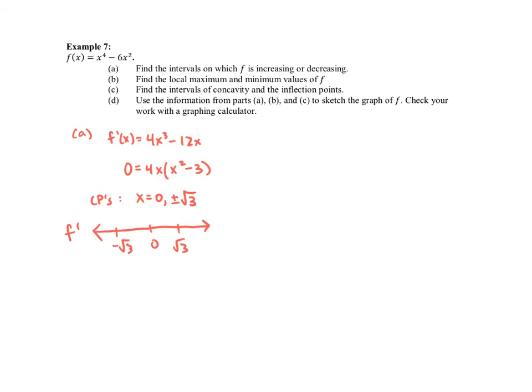Another way that might be a little bit easier is that if you look at the function f prime, it's a cubic function, and we know the behavior of a cubic function is like this. And we just found the x-intercepts of that particular function. Specifically, this f prime would go like this through negative root 3. It would come down through 0, and then it will go back up through positive root 3.